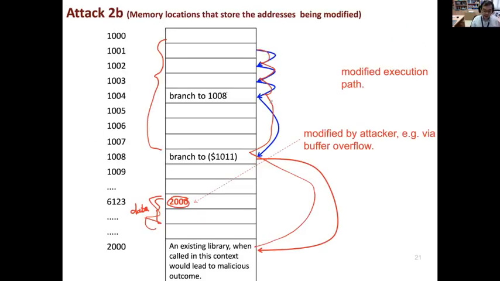So if this is the stack, what will be the consequences? If the adversary is able to, for example through buffer overflow, modify this location where this part is used as a stack, and this is the return address.